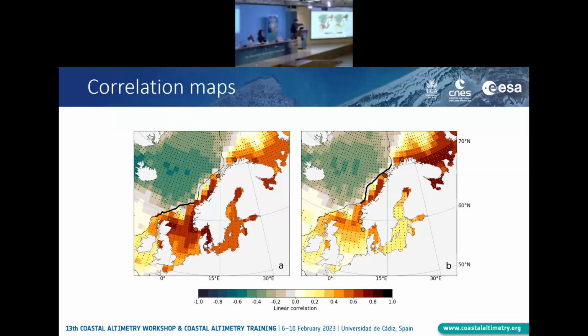Sorry, you mean to create this? Yes. For the grid, I averaged the long slope wind stress along, for example, the thick black line, and I got basically an index of monthly data. And I made a linear correlation at each grid point with the mass component of sea level from GRACE. And then at each hydrographic station, I did the same. I did the linear correlation between this component of the wind and the mass component at each hydrographic station individually.